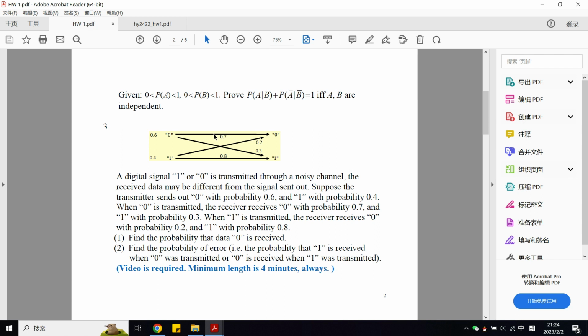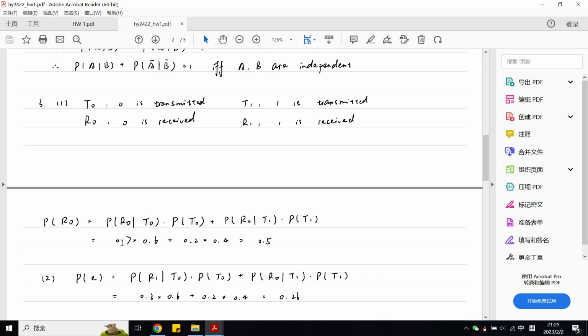Then we need to find when 0 is transmitted, the 0 is received, and when 1 is transmitted, the 0 is received. From this figure, we can find that when 0 is transmitted, the receiver receives 0 with probability 0.7, and when 1 is transmitted, the receiver receives 0 with probability 0.2.